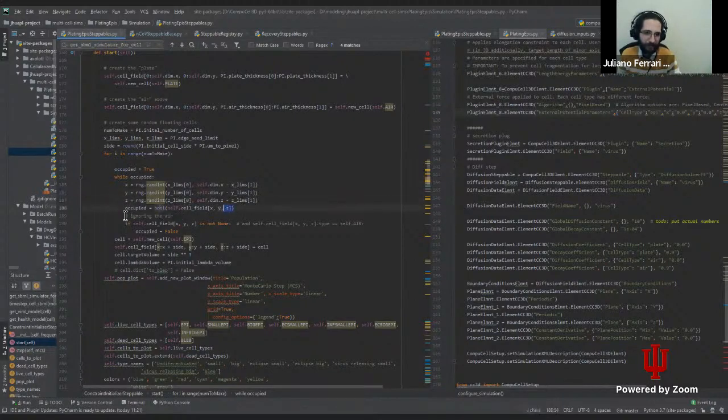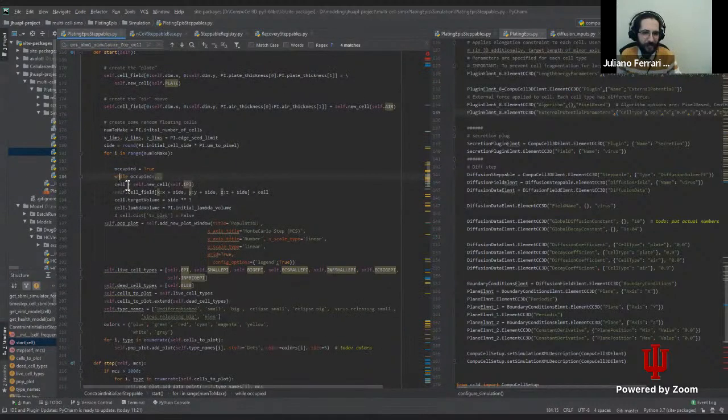Then I set occupied to be the Boolean value of the cell field at that point, which is going to be true if there is a cell and false if there isn't a cell. And as soon as this is false, it's going to exit this while loop. And then I actually create a cell here and initialize it at the X, Y, Z that were selected.